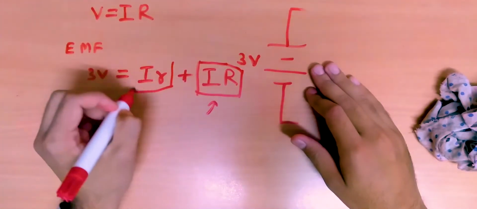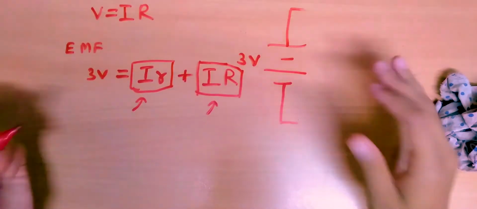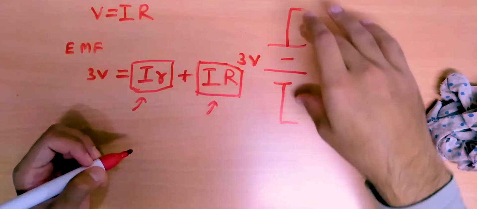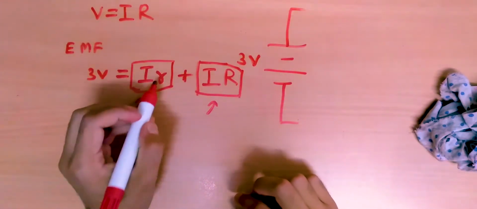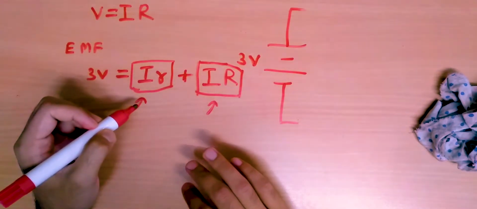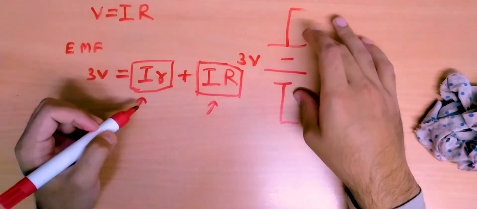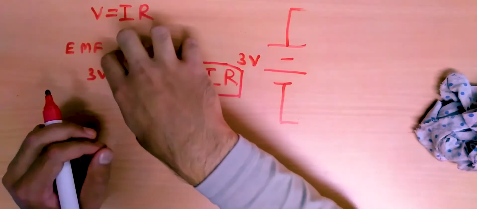This term here tells me the loss of energy for every coulomb of charge that occurs inside the battery itself. So this term Ir, where r is the internal resistance, will tell me how much heat is lost for every coulomb of charge that passes through the battery. So that is the wasted energy.